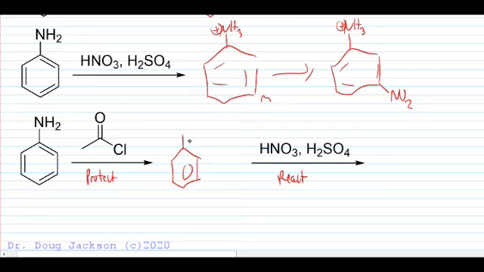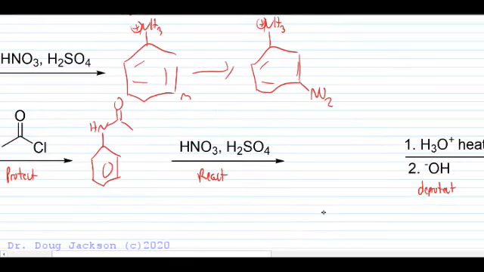So we protect it with an acyl halide as an amide, and so we do that. We stick our acyl group on. Even if it's protonated here, we are just adding acid anyway in this step. We've got a moderate activator here.